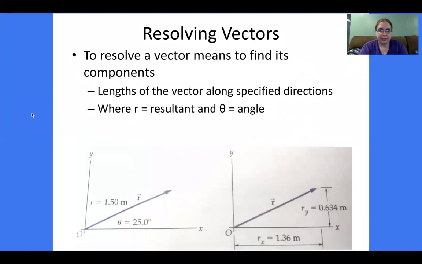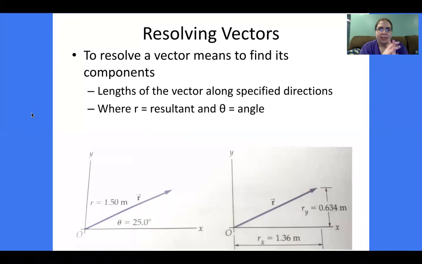So resolving vectors. Nice thing about this is we can figure out what vectors are by dividing or breaking it down into its horizontal and its vertical components. To resolve a vector means to find its components, the x component and the y component, the horizontal and the vertical.